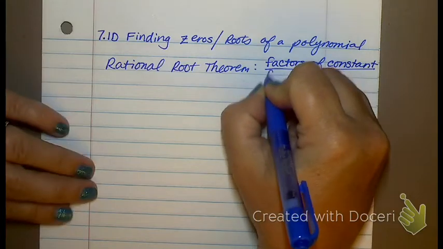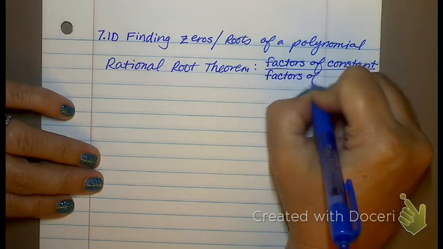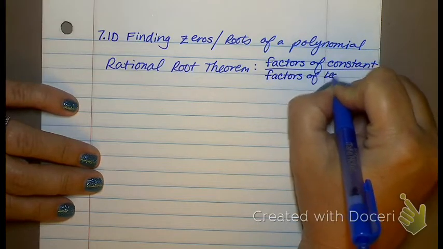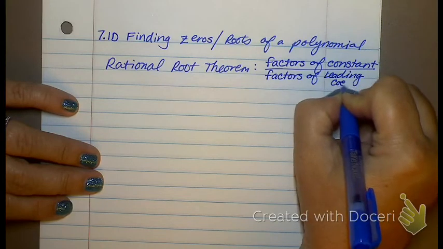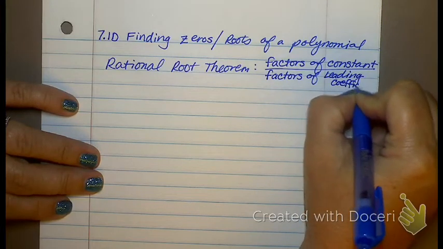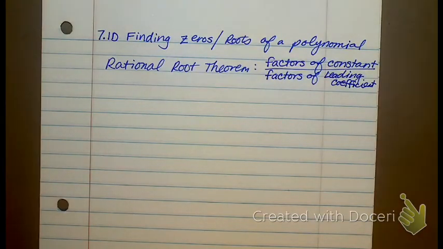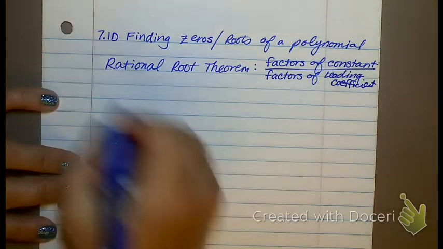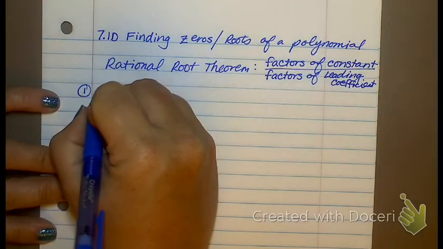And on the bottom, you're going to have factors of the leading coefficient. So that's what the rational root theorem tells us to do. It's easiest for me to explain that if we actually get into a problem and do it. Okay? So I know some of you are still writing that, and that's fine. While you're writing that, I'm going to write down our first example.